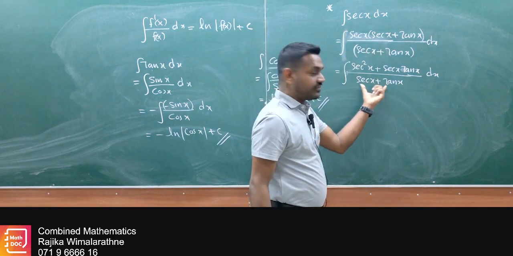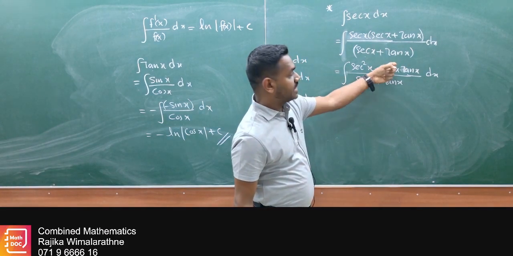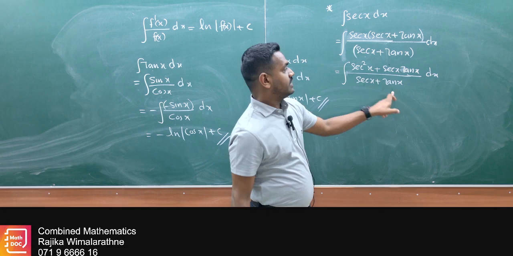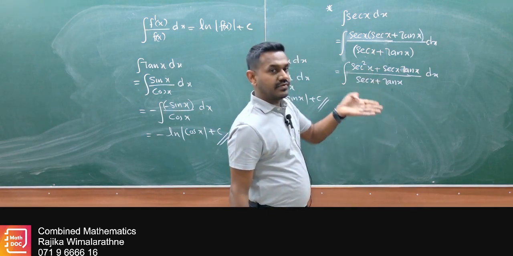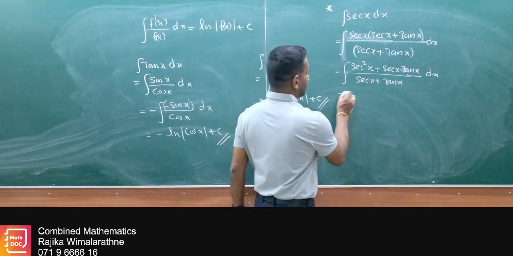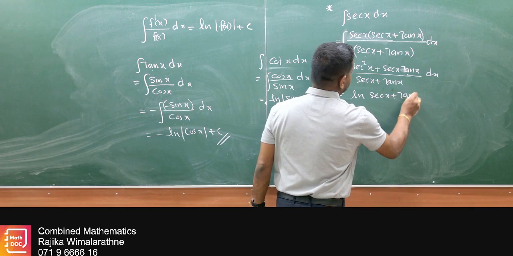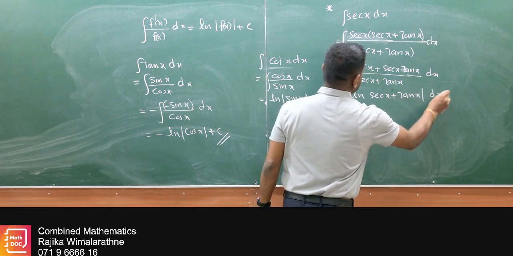Now if you consider the derivative of the denominator, sec derivative is sec tan, tan derivative is sec squared. Then the denominator derivative is in the numerator. Then you write directly ln |sec x plus tan x| plus c.